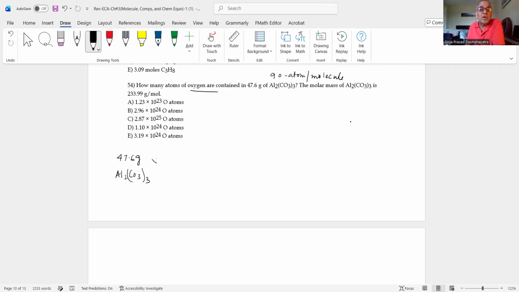So first you will convert to moles. How do you convert to mole? So look at it, the molar mass is given, 233.9. So 1 mole of Al2(CO3)3 is equal to 233.9 gram of Al2(CO3)3.